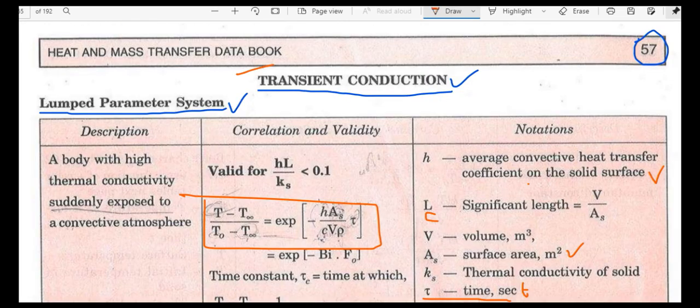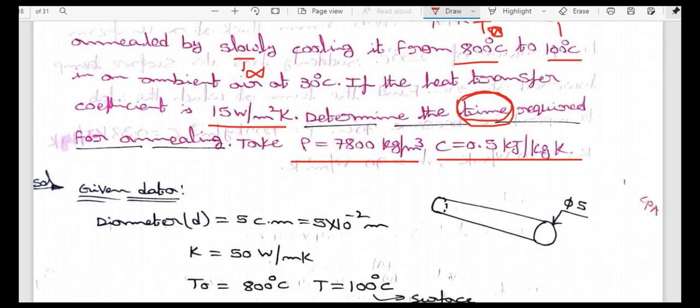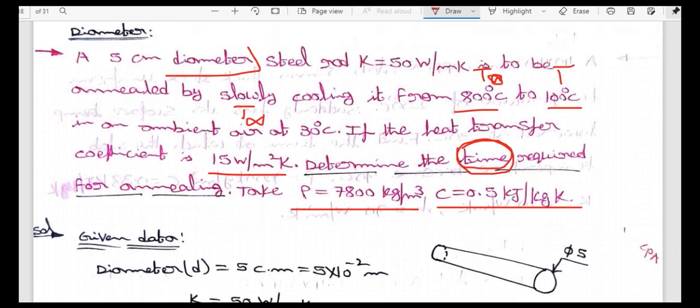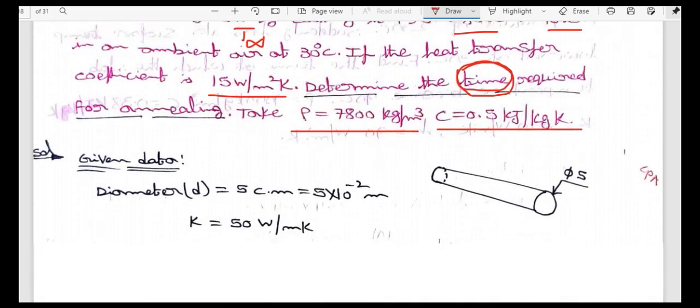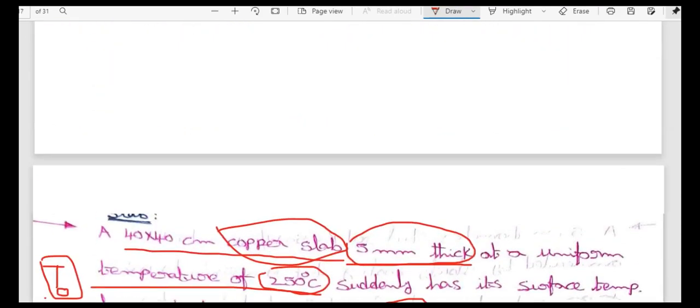Now I am directly going to the data book page number 57, transient conduction equation. The density value and Cp value are given in the problem. So this is the diameter problem, that means a cylindrical object. So what is the volume of the cylinder?